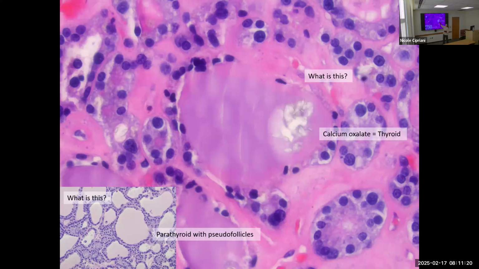So if you see calcium oxalate, that 100% means you're in the thyroid, not in the parathyroid. Other features are characteristics of the nuclei. Usually parathyroid is much smaller and round and dark and evenly spaced, almost like a fried egg-like appearance to the cells. Thyroid is a little bit more variable. But calcium oxalate, if you see it, can be helpful for identification of thyroid tissue.